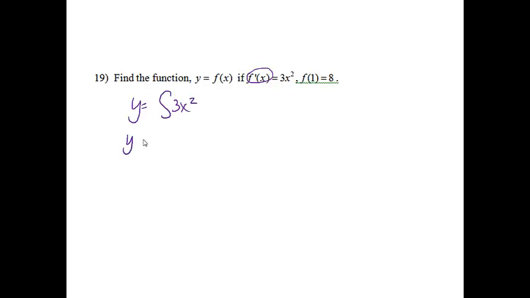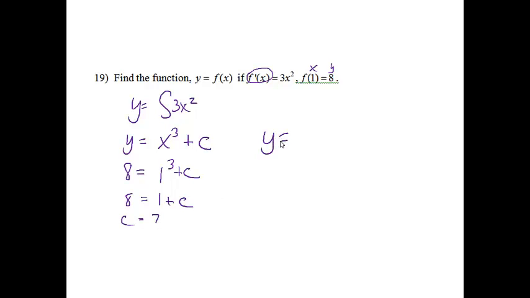And if I do that, I'm going to get y is equal to x cubed plus c, of course. And then they did give me information to find c, so I know my y is 8, this is x, and this is y, and then 1 cubed plus c, so I'm going to get 8 equals 1 plus c, and c is equal to 7. So my final equation is going to be y equals x cubed plus 7.